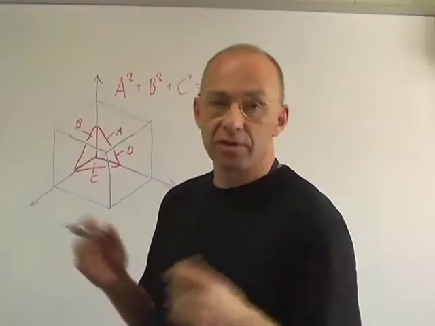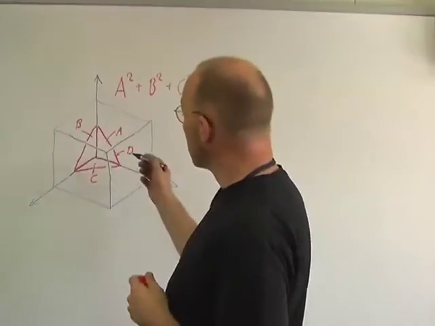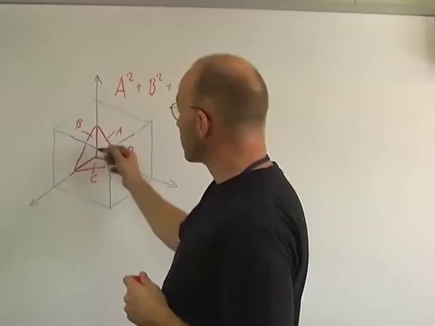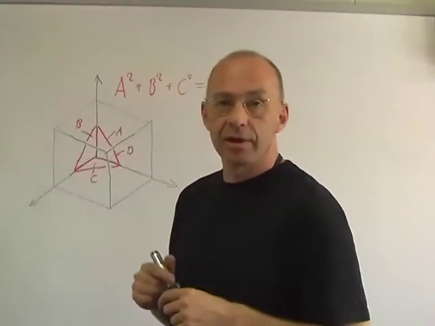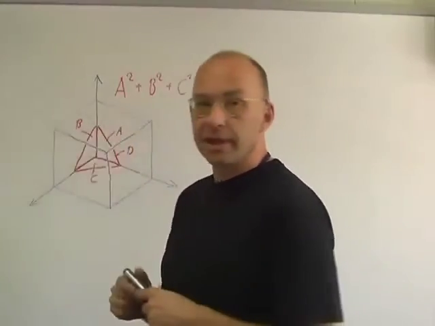Okay, so far so good, right? So if you've got the areas of A, B, and C, then you can calculate the area of this much more complicated triangle D.